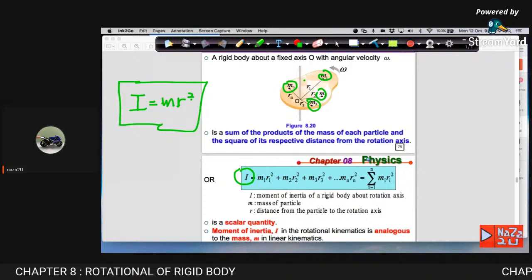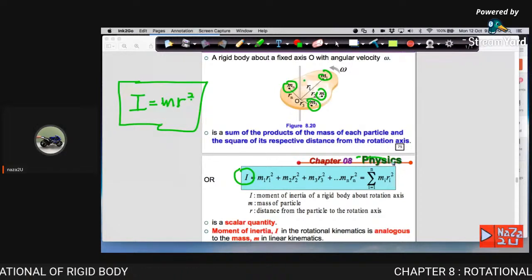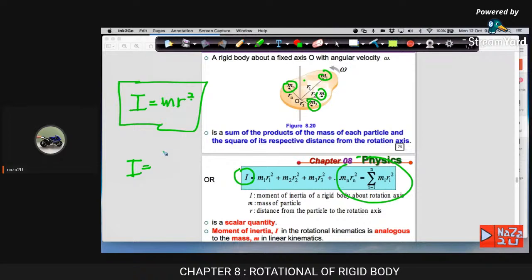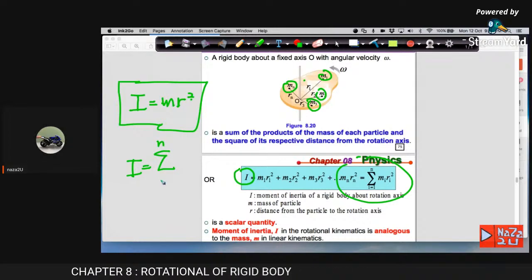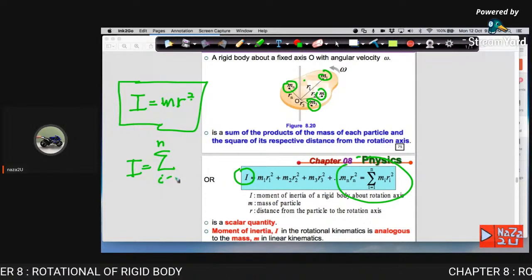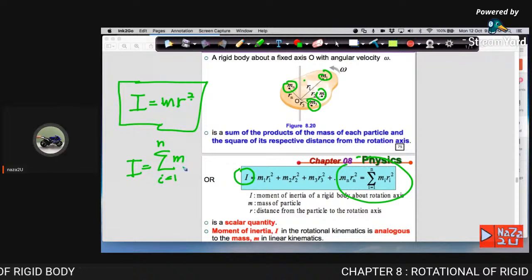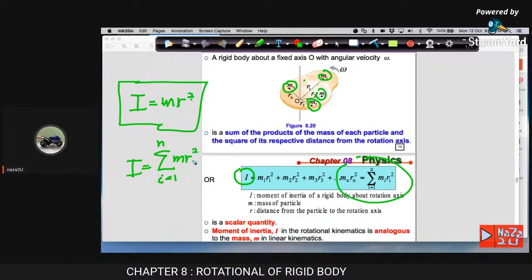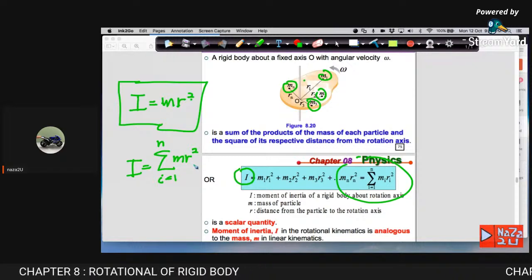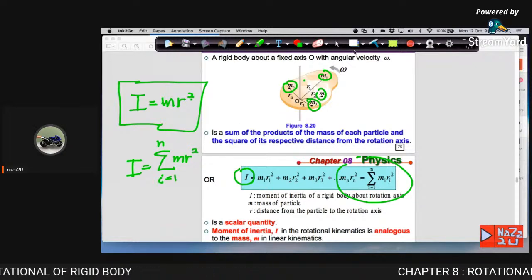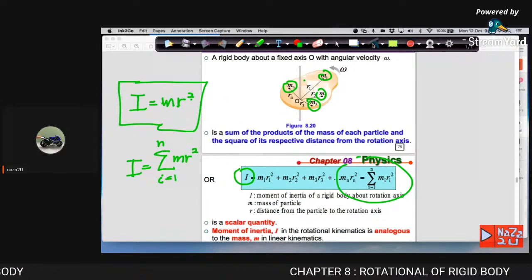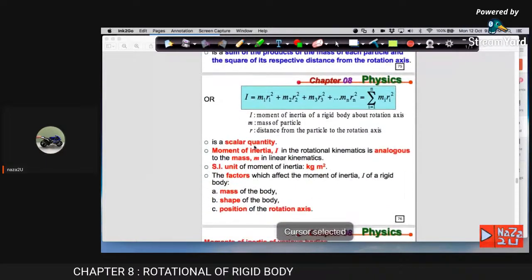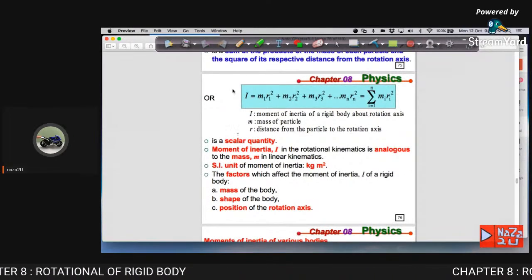So, that's why kalau kita tengok, moment inertia adalah hasil tambah, the sum of the value of the mass, bergantunglah berapa mass, kalau sejuta darab dengan radius square. Right? So, this is moment inertia I. Okay, moment inertia is scalar quantity.